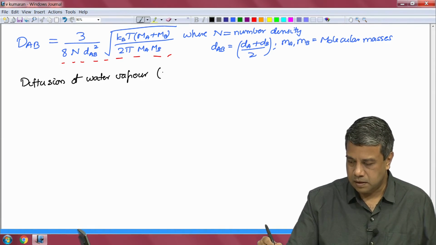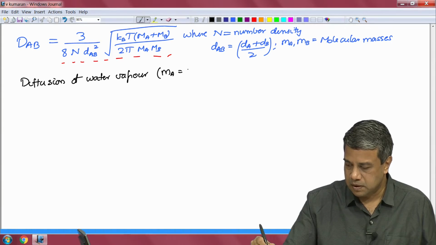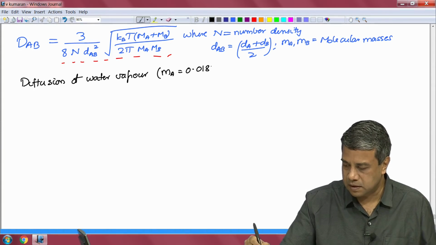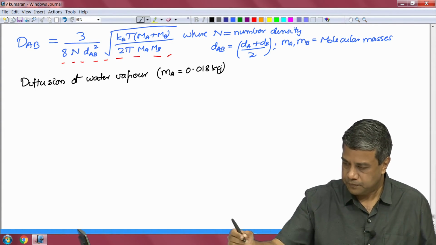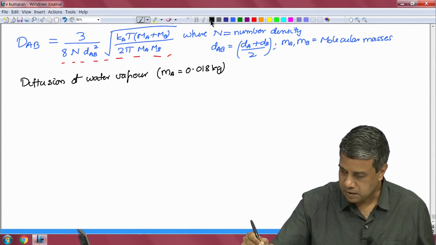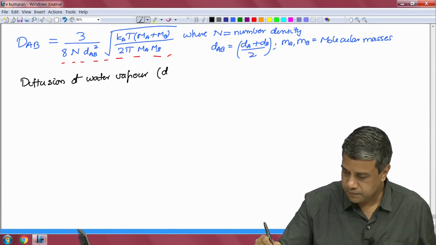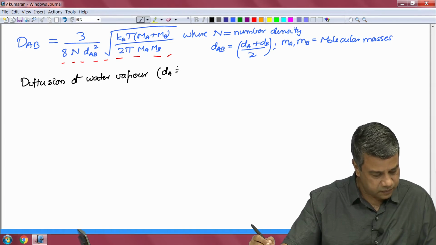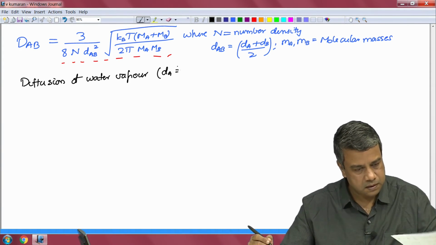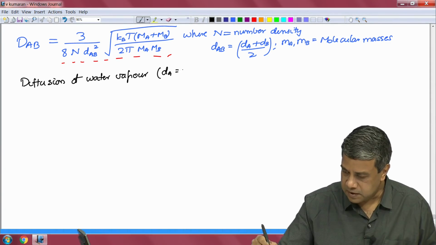Let us say the mass of water is equal to 0.018 kg divided by Avogadro number. But I will come back to the mass, I will just put the diameter. The diameter of water molecules is 2.6 angstroms.